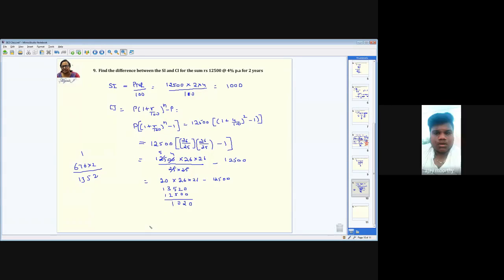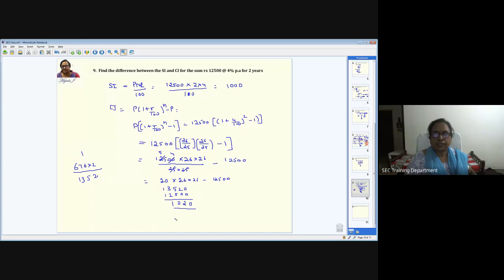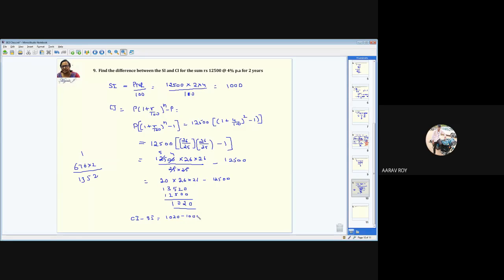Correct. This is the answer, right? So what is the difference between compound interest and simple interest? It's nothing but 1020 minus 1000, which is nothing but your answer is 20.